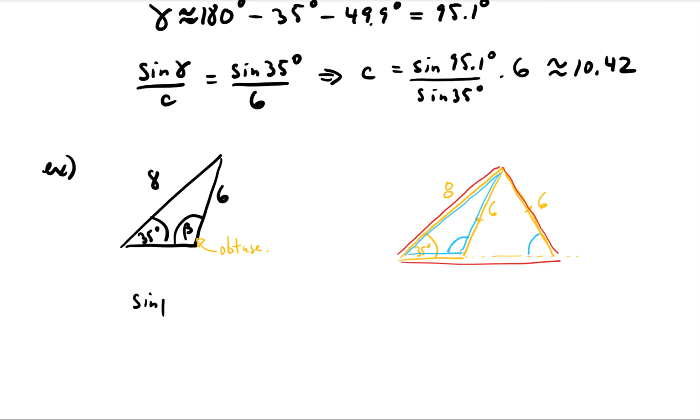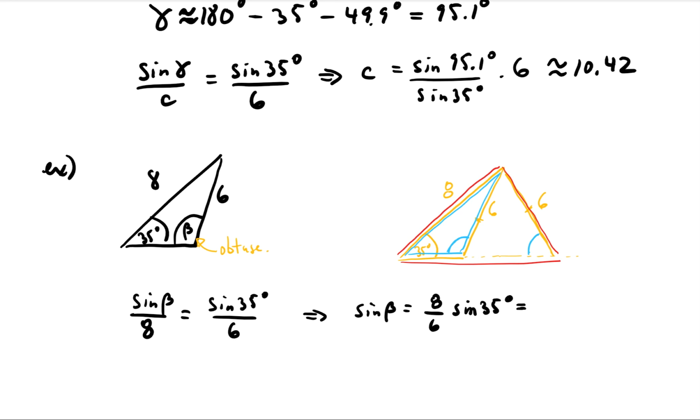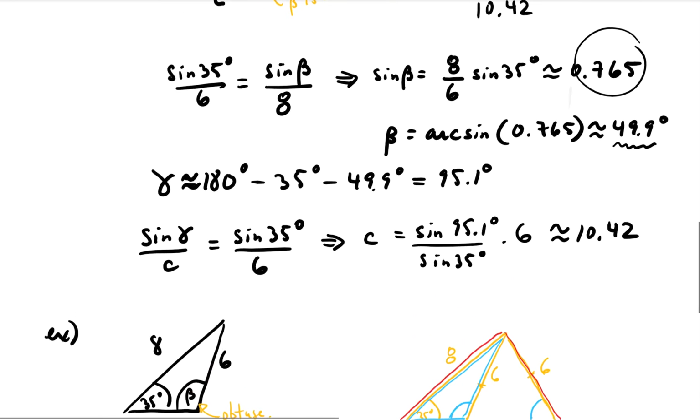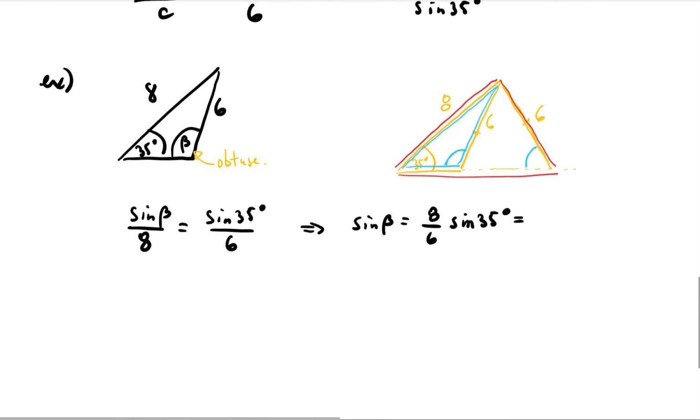Sine of beta over 8 is in the same ratio as sine of 35 degrees over 6, and then solve for beta, or sine of beta first. Sine of beta will be 8 over 6 sine of 35. So far I have the exact same steps as before. I'm going to get 0.765 again.